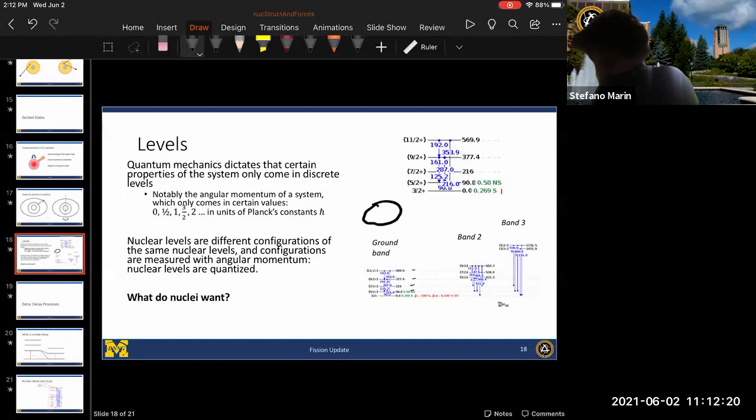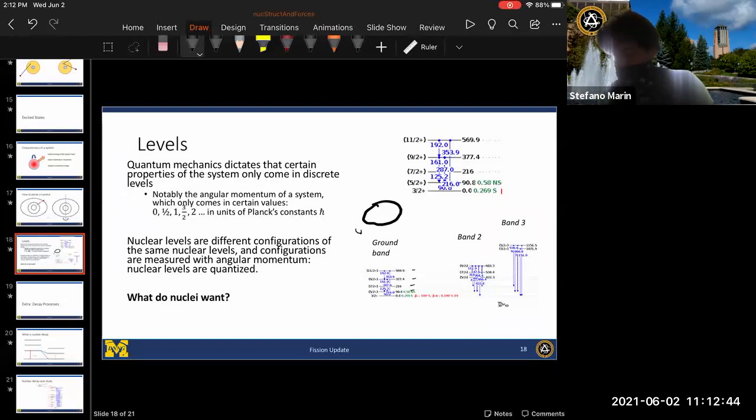So the first one rotates slowly, the second one a bit faster, but always at discrete levels. And the ground band is the one where it's normal. Maybe band 2 could be the one in which it's a bit deformed and rotates. So it's combining two things together. Band 3 could be deformed in one situation, maybe vibrating in the other, and then rotating. So you can combine all these different degrees together.